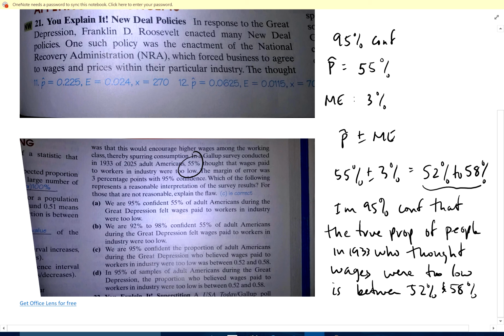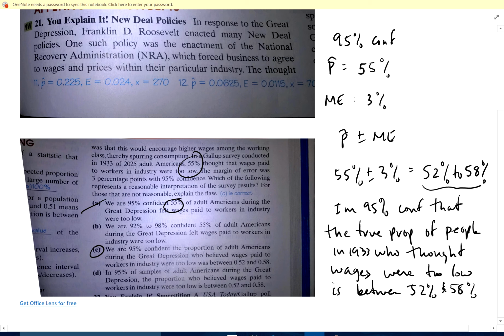Obviously, C is correct. We're 95% confident the proportion of adult Americans during the Depression who believed wages paid were too low was between 52 and 58. Okay, so that's obviously correct. So why are these other ones wrong? We're 95% confident 55% of adults felt wages were too low. No, that's just one sample. That's not all adults. We're 92 to 98% confident.